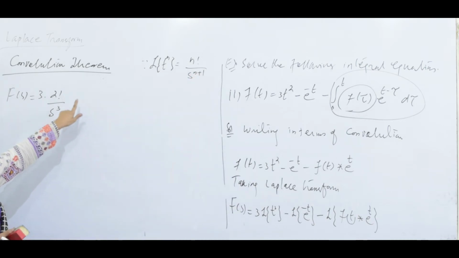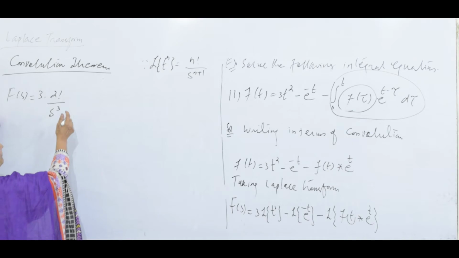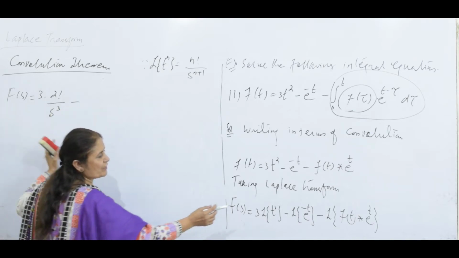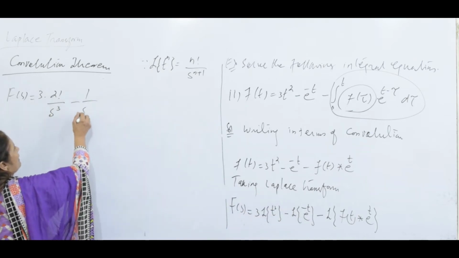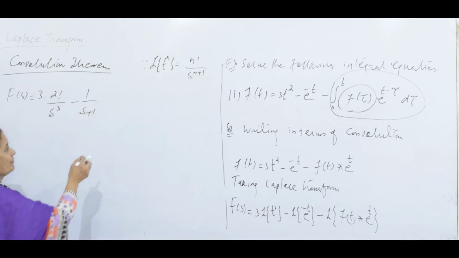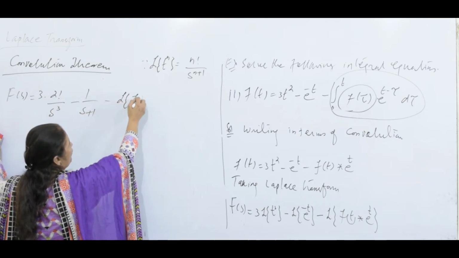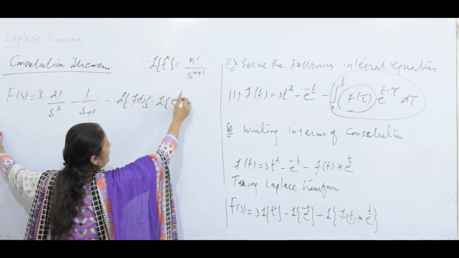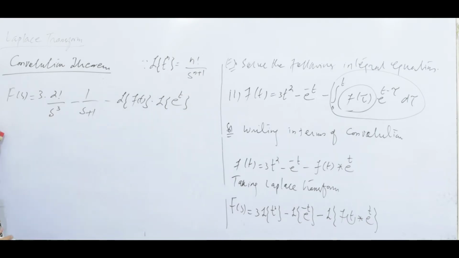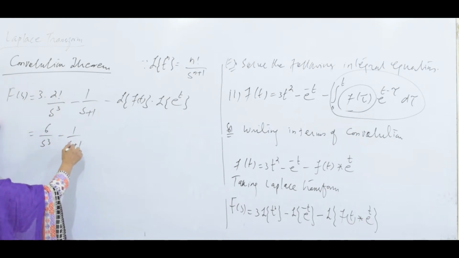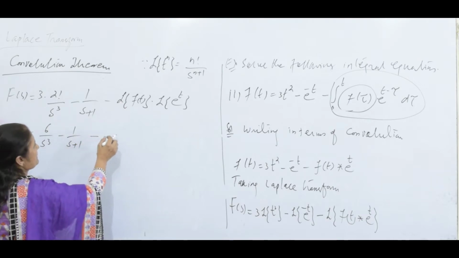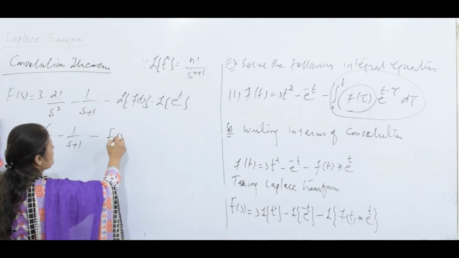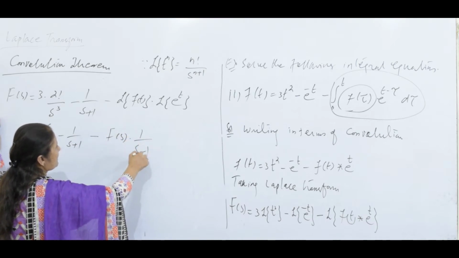With the same formula, 2 factorial over s cubed, minus the Laplace transform of t, which is 1 over s squared, minus the Laplace transform of f(t) into the Laplace transform of e^t, because the Laplace transform of a convolution is the product of their Laplace transforms. So 6 over s cubed, minus 1 over s squared, minus F(s) into 1 over s minus 1.